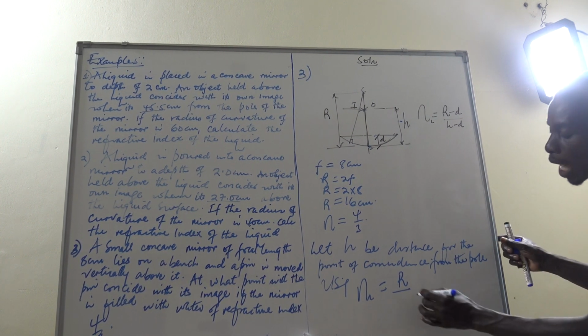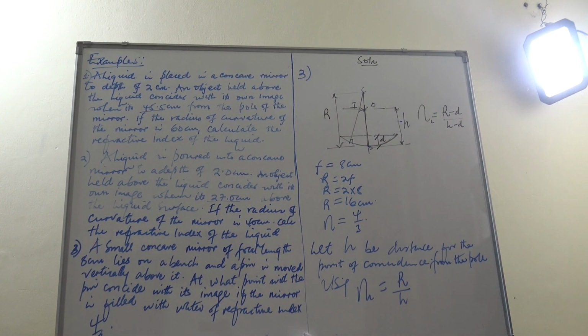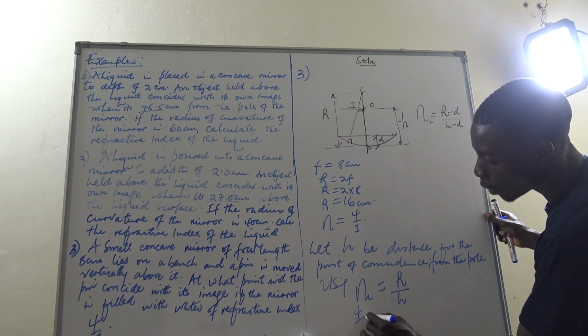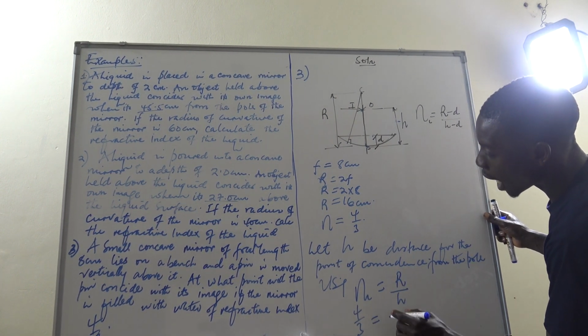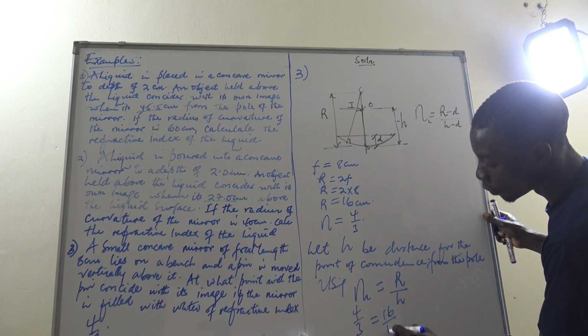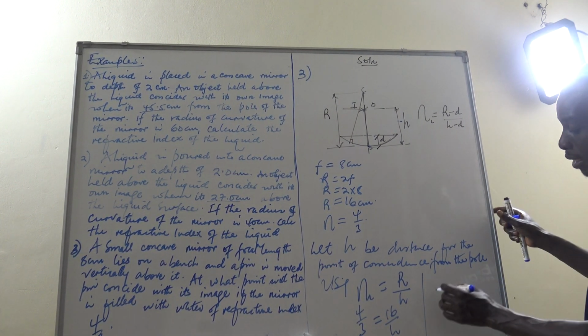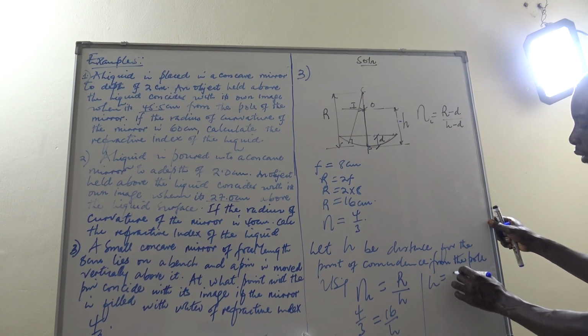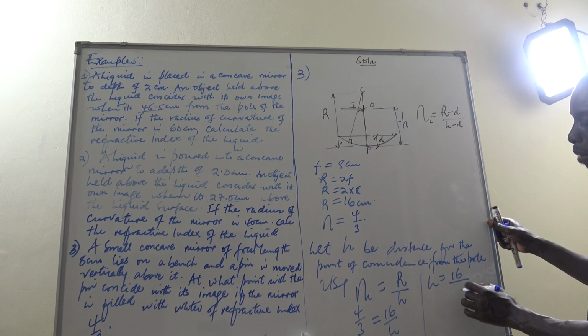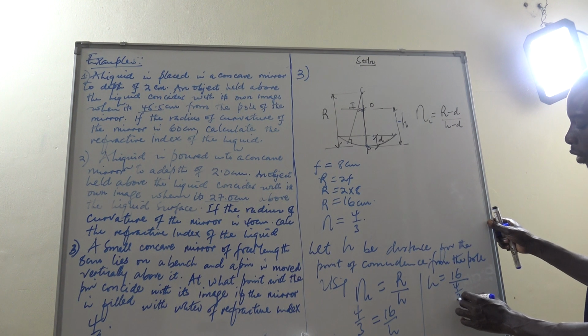So we shall use the formula of now R out of H, isn't it? R out of H, because now we are ignoring the depth since it was not given. So that means that 4 out of 3 equals R, which is 16, out of H, implying that my H equals 16 divided by 4 out of 3.